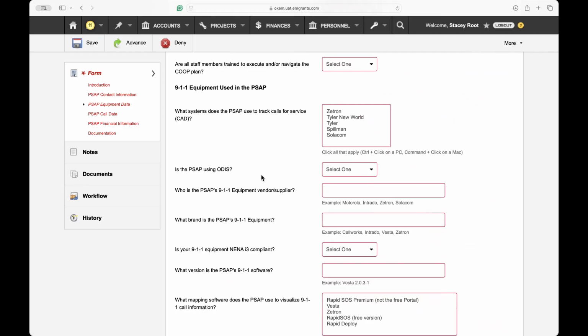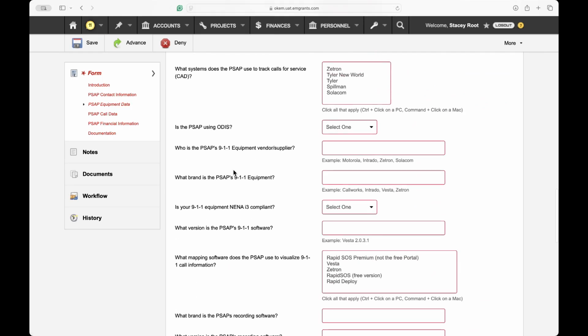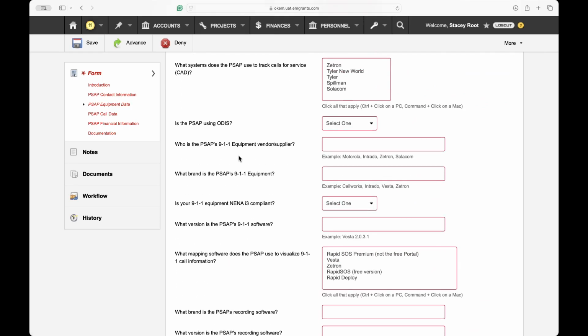What we're looking for there is like Motorola or AT&T, who is the mothership of the 911 software vendor supplier that you're using, specifically the software. The issue we've had in the past is people will put Motorola, but they won't tell us which Motorola software product they are actually using. It's pretty important to us now to break those two out. We have to make sure we know exactly what software platform you're using.